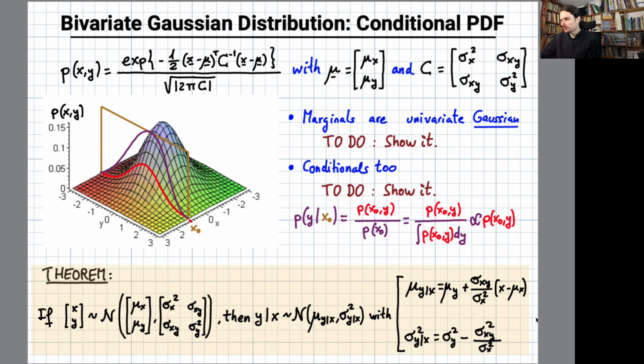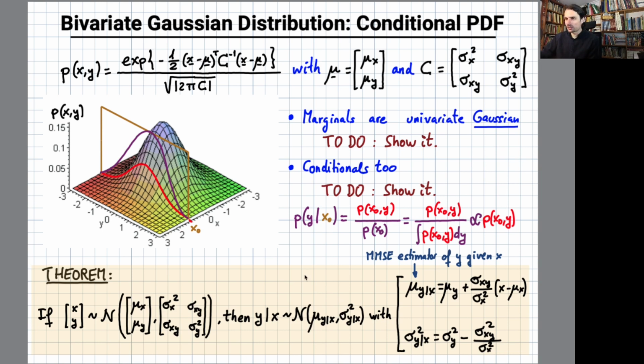Okay, and these expressions are especially important because note that this mu sub y given x is precisely the MMSE estimator of y given x, right? So this means that whenever one knows the correlation between two random variables and also one of them, then one can do possibly a pretty good job in guessing what the value of the other variable is, right?